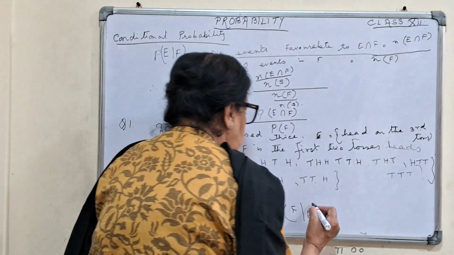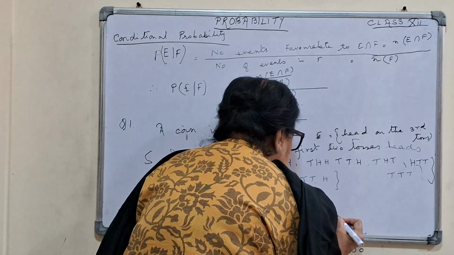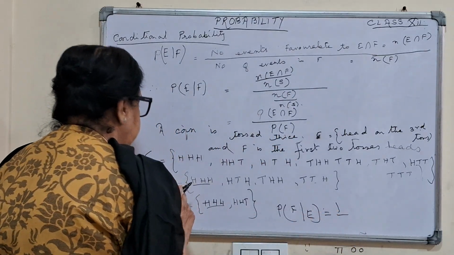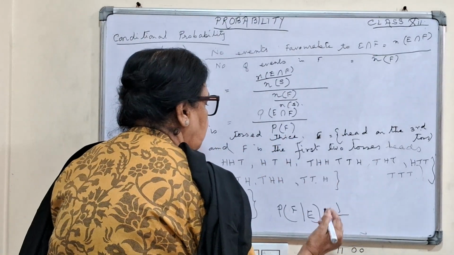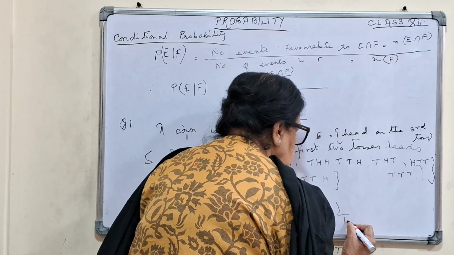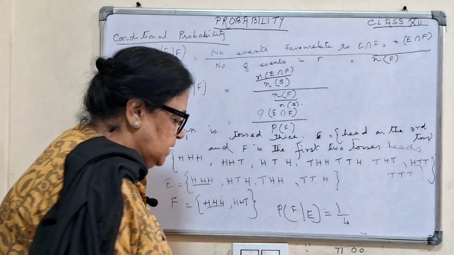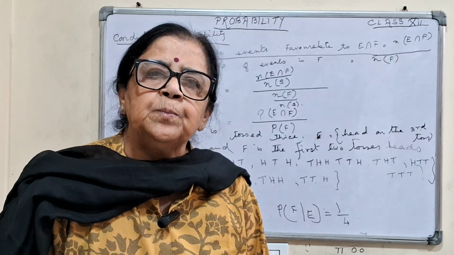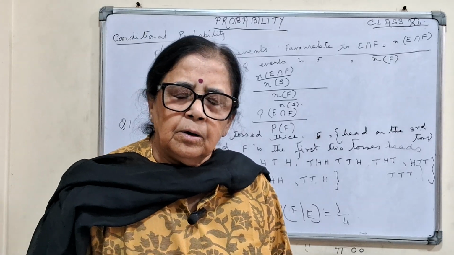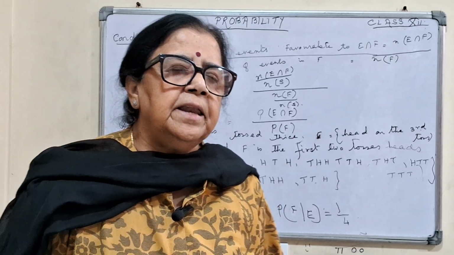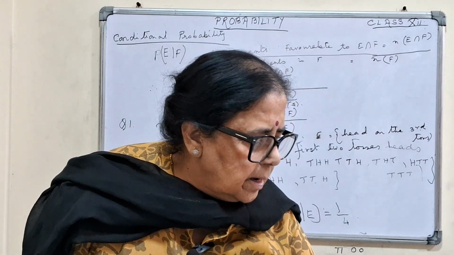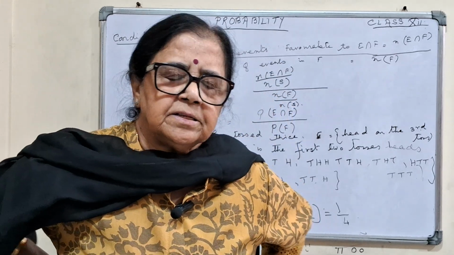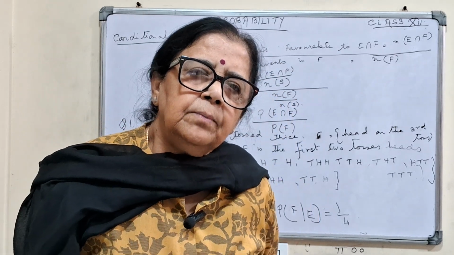So it is equal to 1 by 4. Okay. This is the beginning of conditional probability. I'll explain it very nicely in the next class.